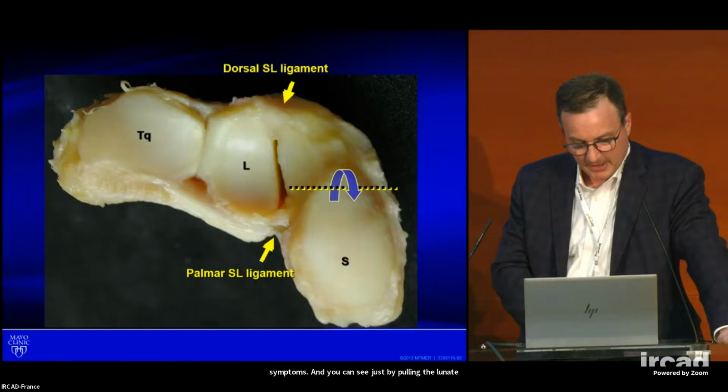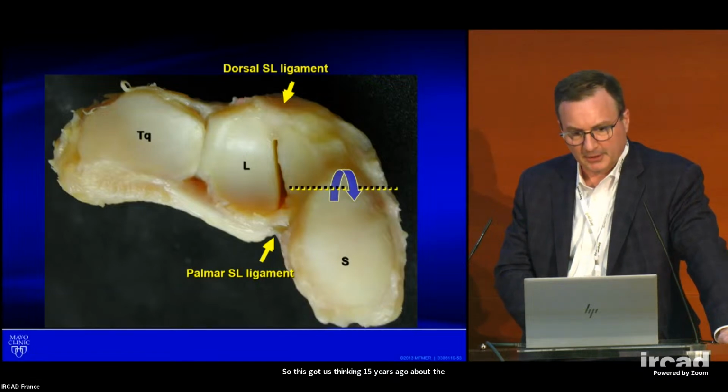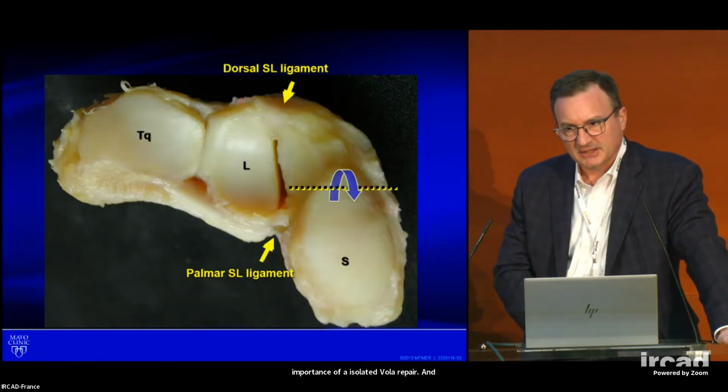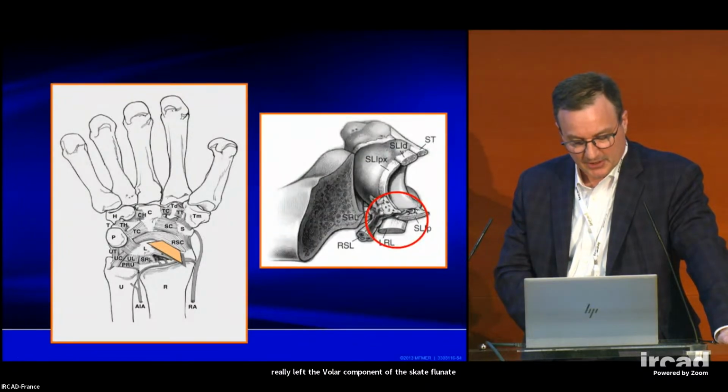So this got us thinking 15 years ago about the importance of an isolated volar repair, and that many of the techniques that were described up to that point really left the volar component of the scapholunate ligament out of the reconstructive algorithm.